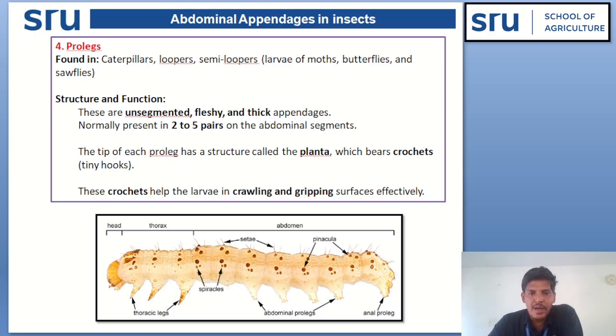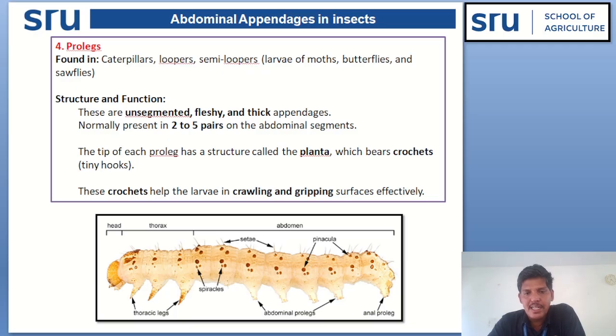The next abdominal appendage in immature stages is the prolegs. Prolegs are found in caterpillars, loopers, semiloopers, that is, larvae of moths, butterflies and sawflies. See, all these are the prolegs. The abdominal legs are also known as prolegs or pseudolegs.